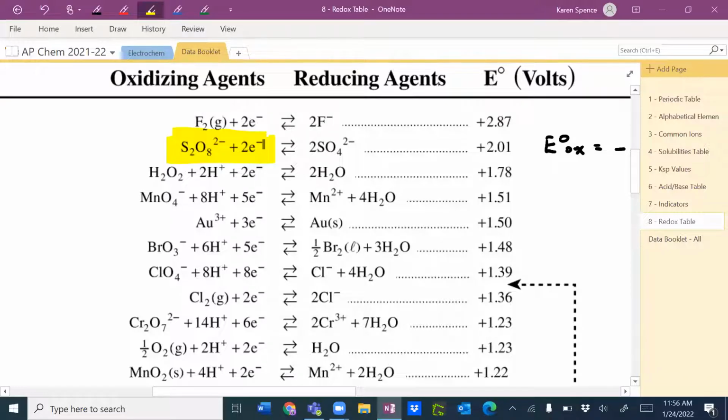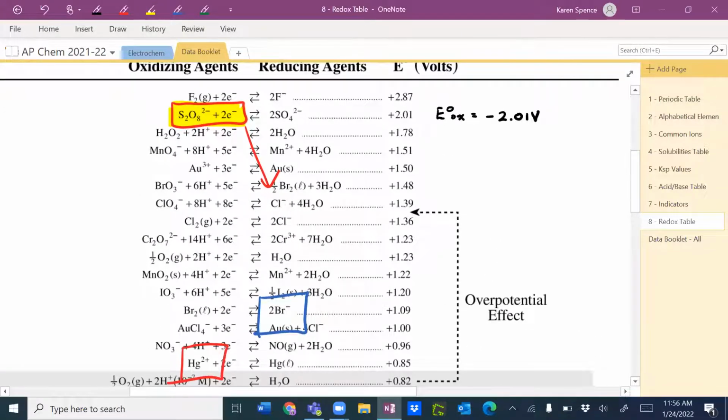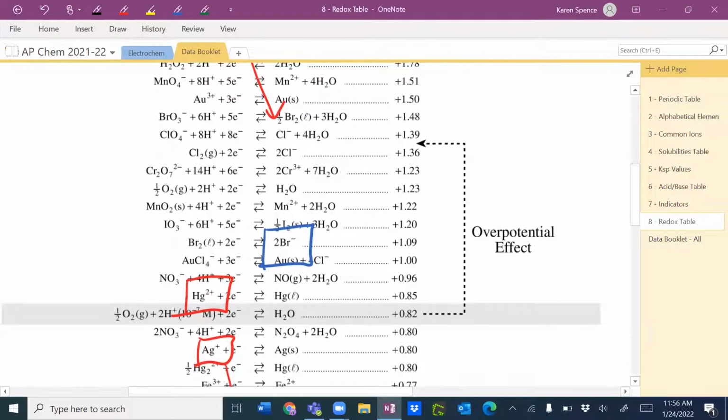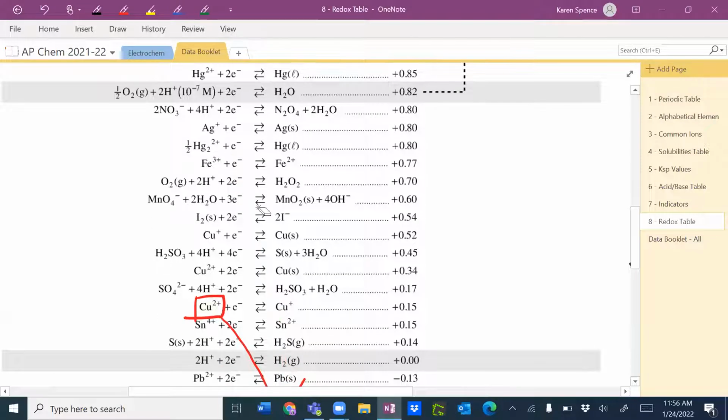That's looking really promising because it's way up at the top on the left-hand side, which means it goes downhill to just about everything. So would it be going downhill to copper 2 plus, or would it be going downhill to copper? I would say that because our metals are usually on this side, there's our copper.